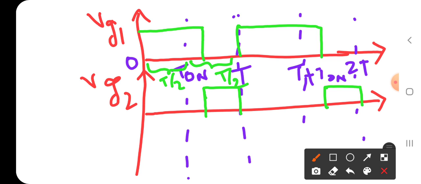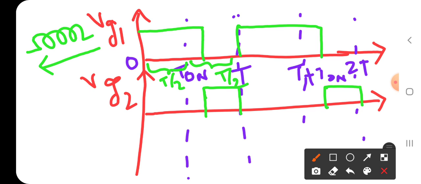Initially what we are assuming, the inductor stores maximum energy in the reverse direction. This is the inductor. Reverse direction in the sense the current has to flow like this. Maximum energy and ready to discharge.